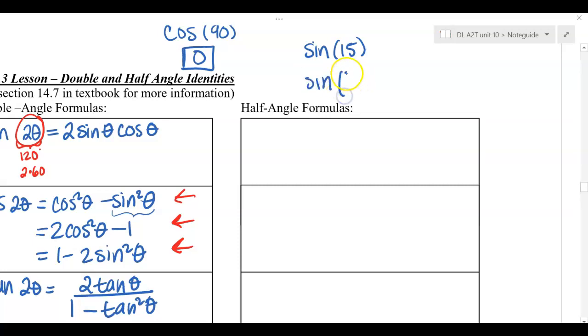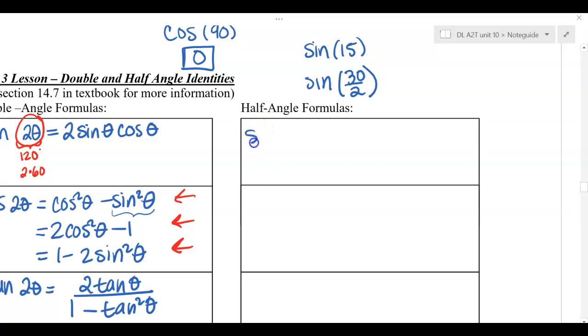However, you could think of 15 as 30 over 2. It's still worth 15, but you've written it in the format of half of an angle. That you're, instead of just using 15, you're going to use 30 in this special formula where it's calculating stuff about 15, but using a 30-degree angle.